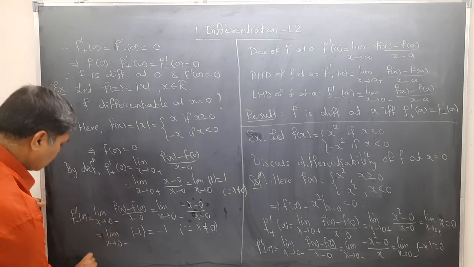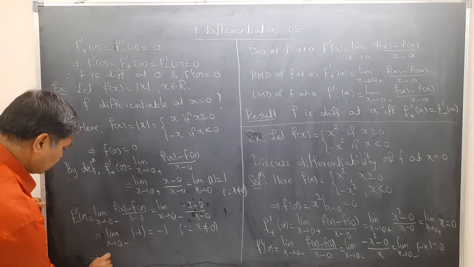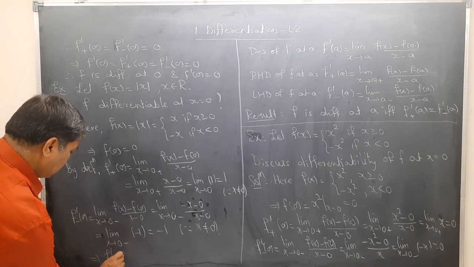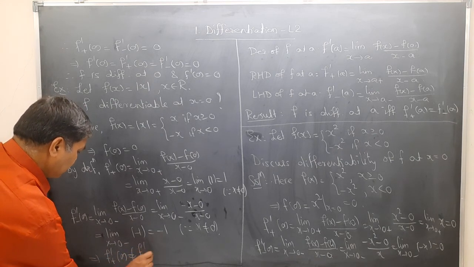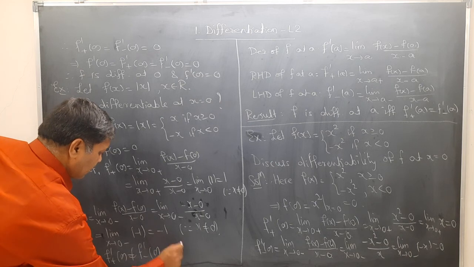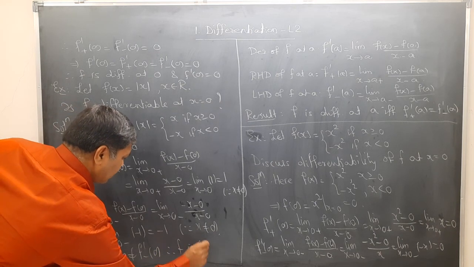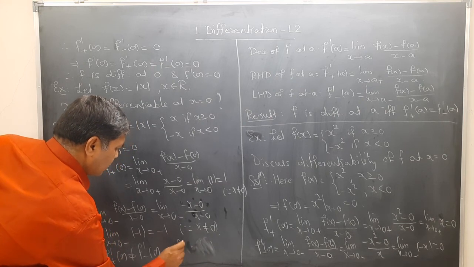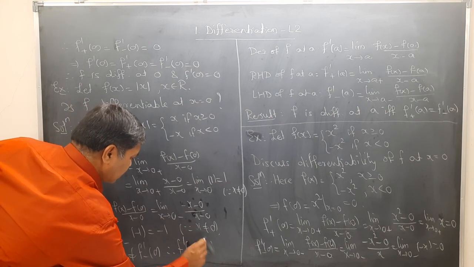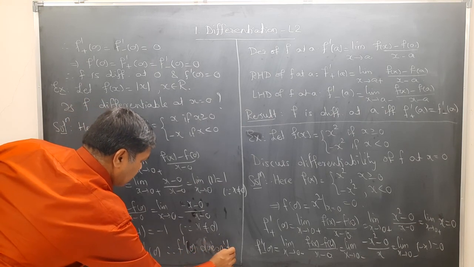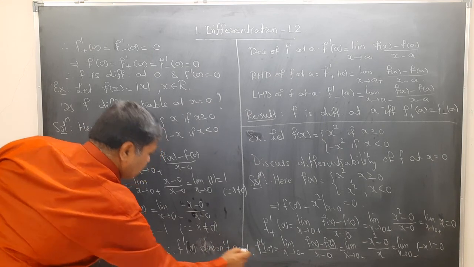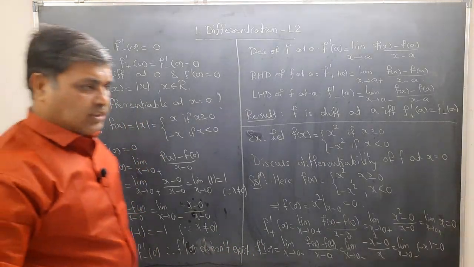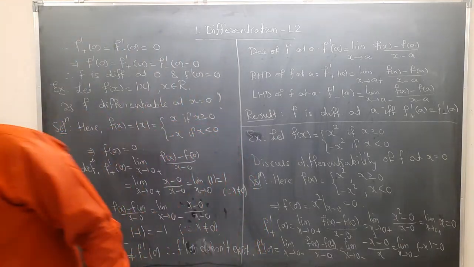Okay, which implies f dash plus 0 is not equal to f dash minus 0, and therefore f is not differentiable at 0, or f dash 0 doesn't exist. Is it clear?